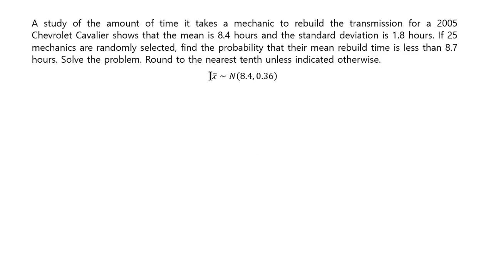Once we know that x bar follows a normal distribution of 8.4 and 0.36, then we can happily use all the formulas that we know about the normal distribution, right? Specifically, in our case, we want to know the probability that the mean value is less than 8.7. So it's the probability of x bar being less than 8.7.